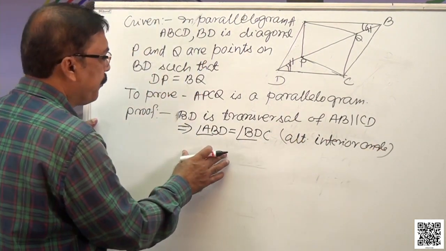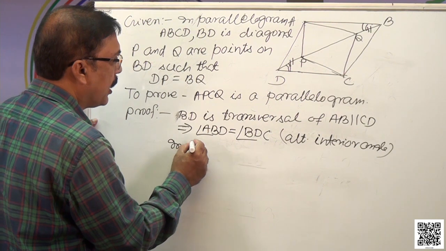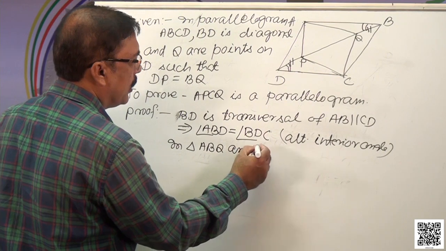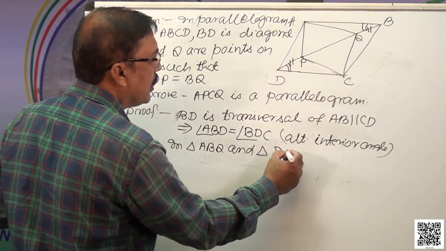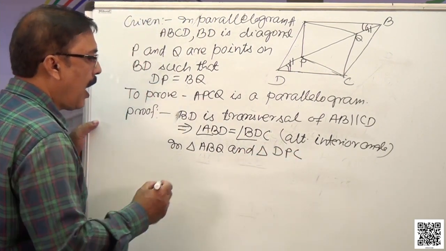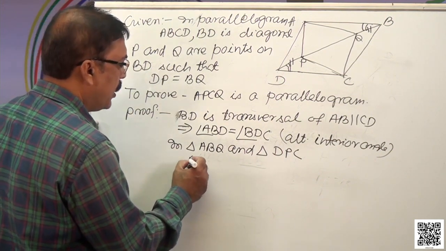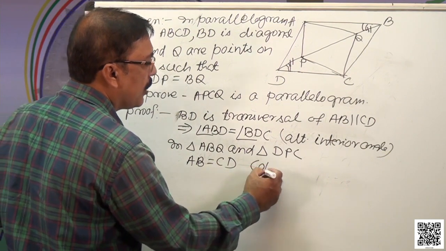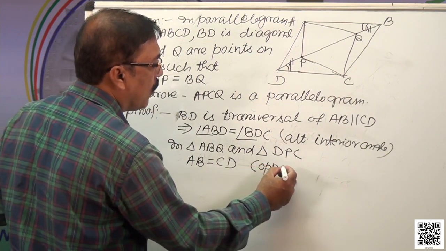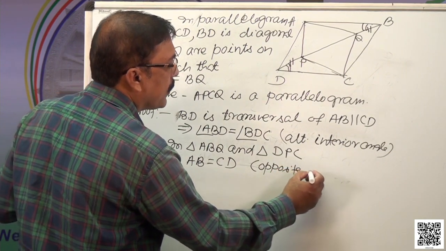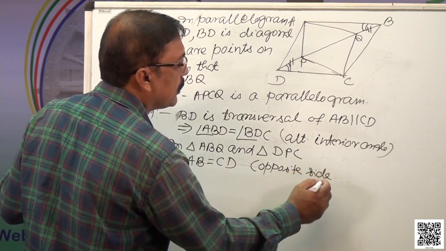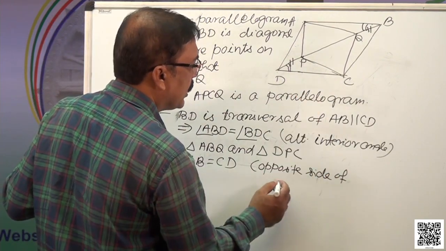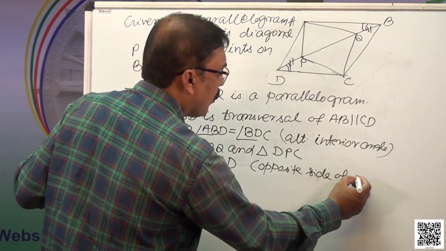Now you see, in triangle ABQ and triangle DPC, we have AB is equal to CD. Why? Because they are opposite sides of parallelogram.